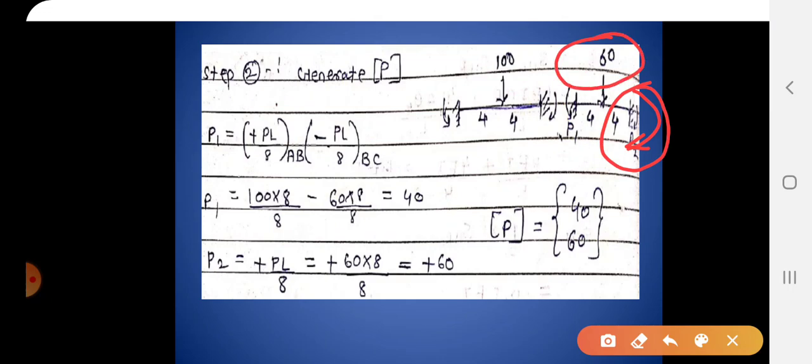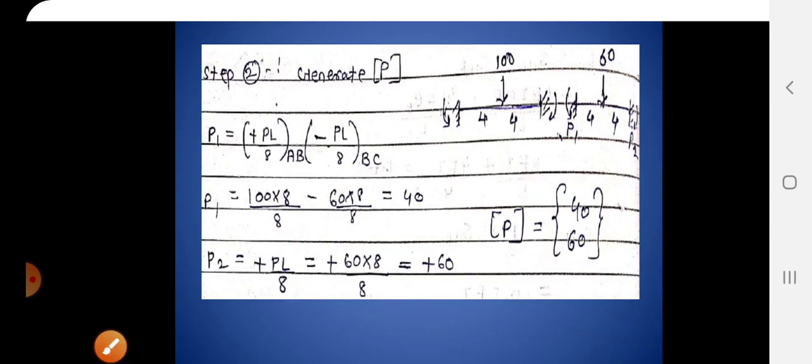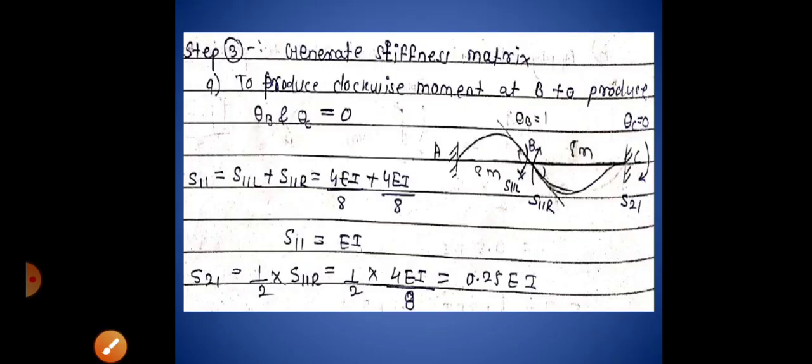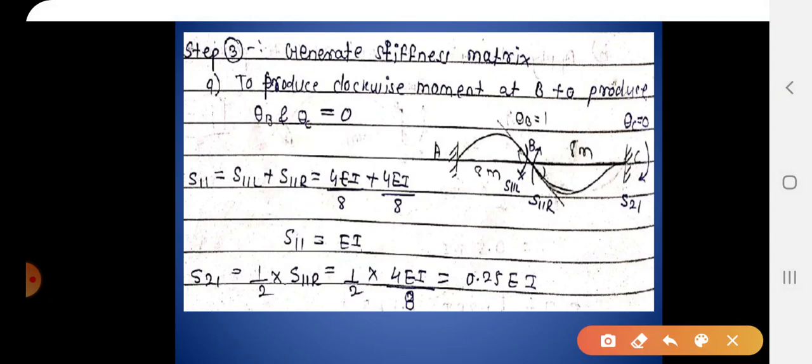It is central point load acting on BC, therefore plus PL by 8, clockwise, and which is 60. Okay, so we have derived the P matrix as a column matrix with 2 elements, 40 and 60.